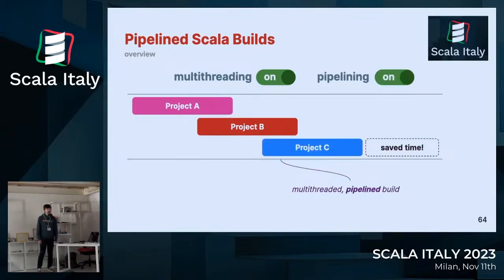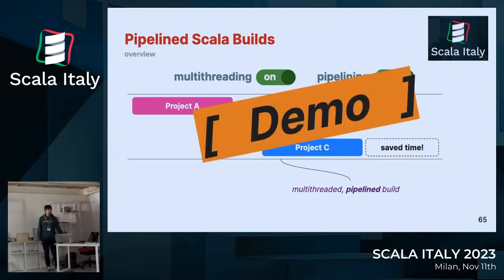But if you do turn on pipelining, then project A is going to compile up to here. Then at some point it will say, I have the APIs, start compiling the next one. And then project B says, I have my APIs. And you basically multiply up that saved time to speed up your build.